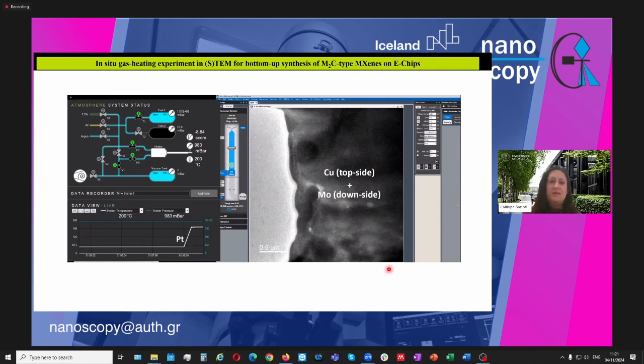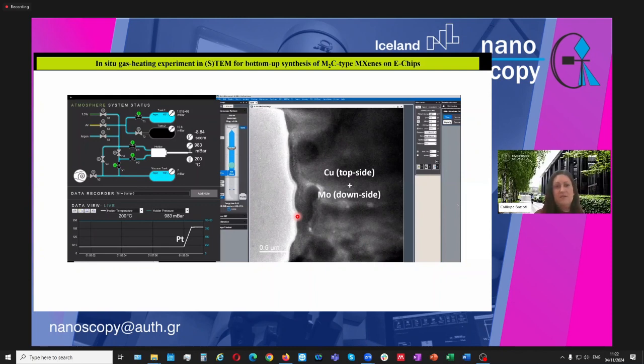And then the important part of our study started. So practically we are talking about an in situ gas heating experiment imitating the CVD process. For people who are not familiar with in situ or generally with transmission electron microscopy, you can see that we can record videos basically of all monitors, recording live the whole process.